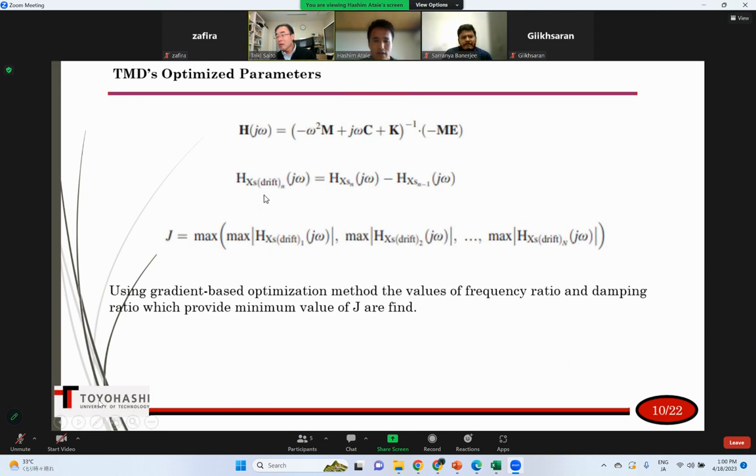the frequency response function of the displacement relative to the ground by Fourier transform. They found the frequency response function of the interstory drift by this formula, and finally found a function which is the maximum of the interstory drift of all floors.